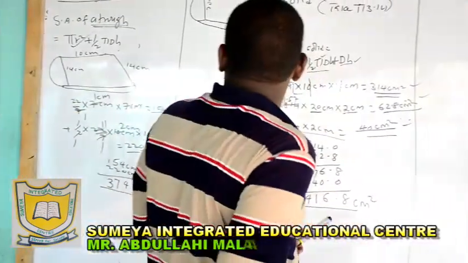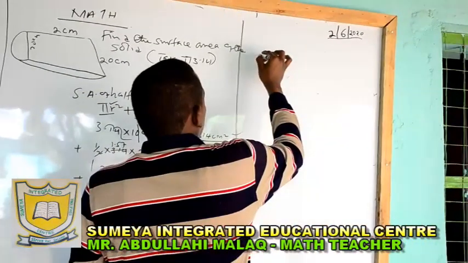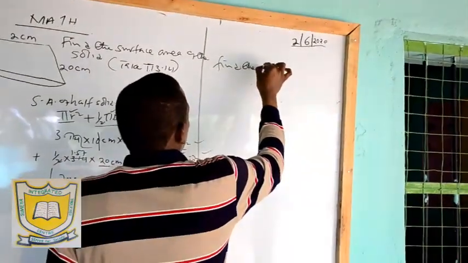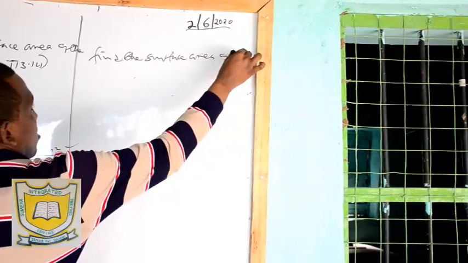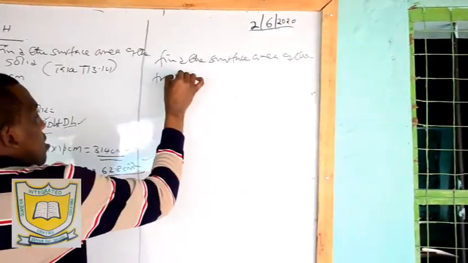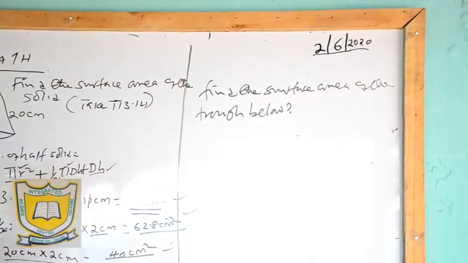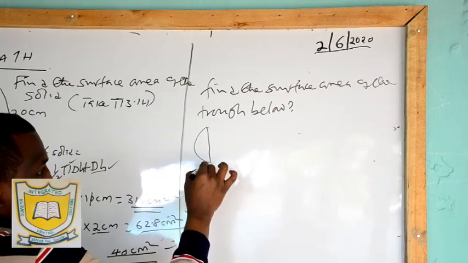Now let us do another question of trough. Find the surface area of the trough below.